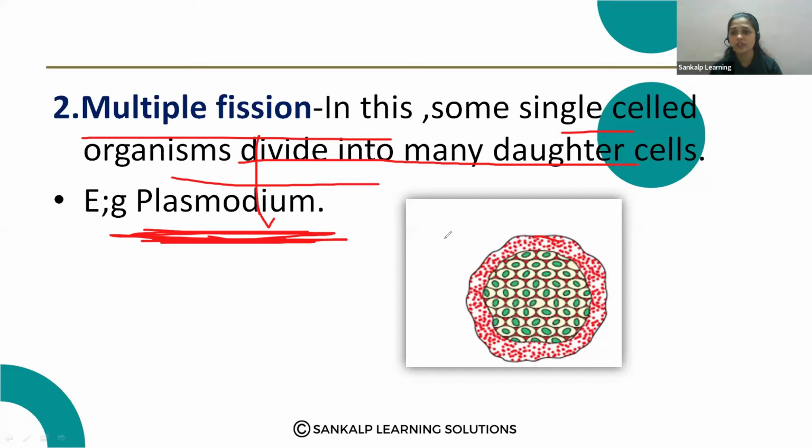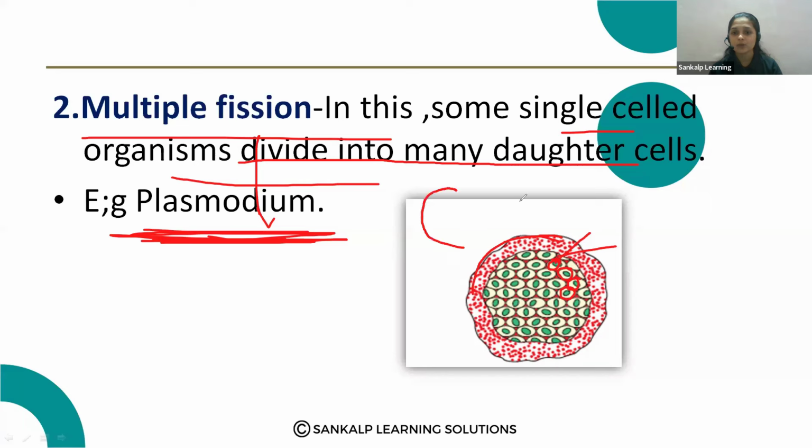Many times this question is asked in 1 mark or MCQ questions. Here just observe this is the plasmodium. Inside the plasmodium you can observe many daughter cells are formed, and it will form more than 2 daughter cells by multiple fission.